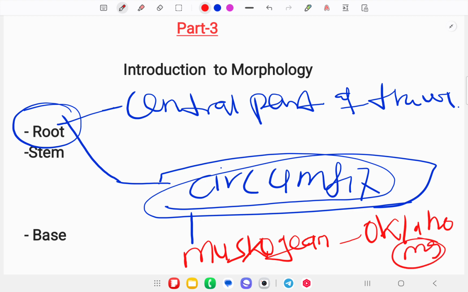According to modern linguists, the root is the form around which the circumfix is attached. Okay. So next we have the term stem. What is stem? This is a simple term.